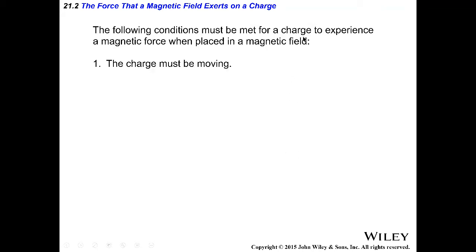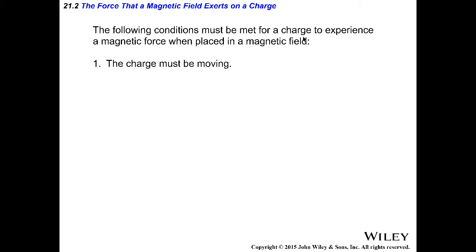Now, we want to begin to formulate the law of force. We already showed for electric field, it's so easy. F is Q times E. Now we want to come to what is the law of force for magnetic field. When I have a charge and I'm in a magnetic field, what is the force?